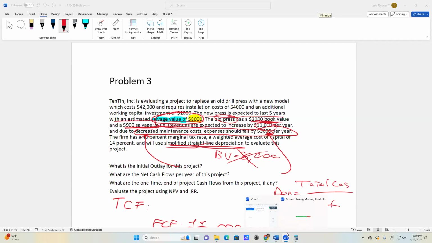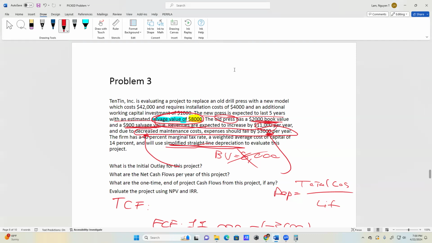If no further questions, then I will conclude this review today. In the meantime, I will research that and get back to you guys on how to identify the book value of the new asset. I think that's the only piece left to make you confident walking into the exams.